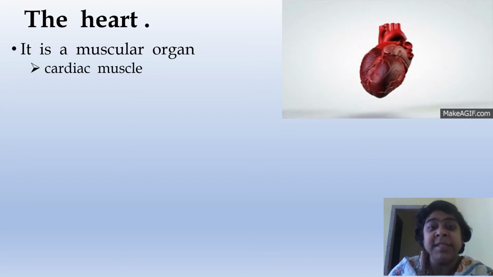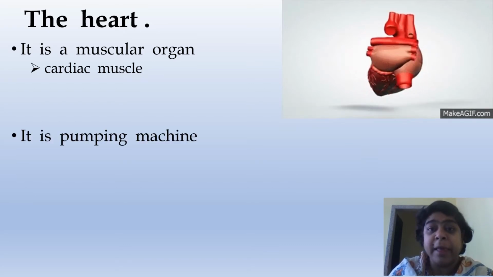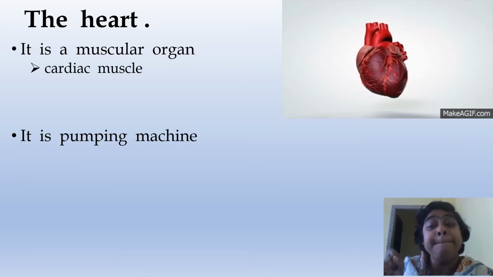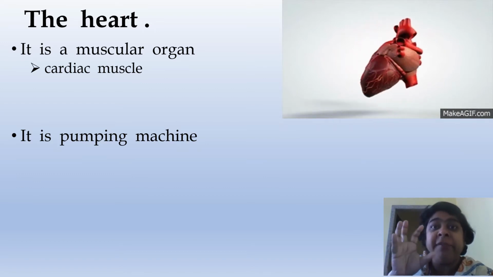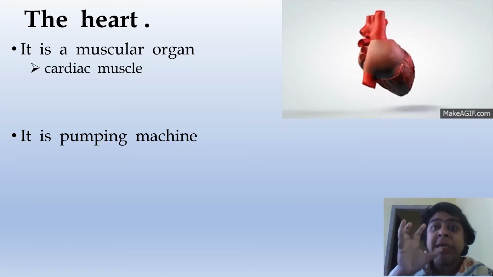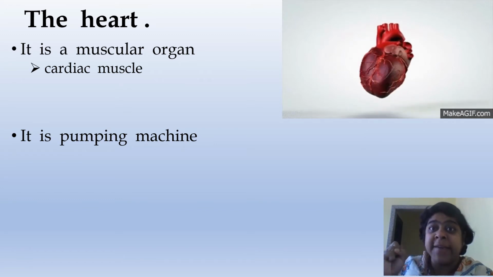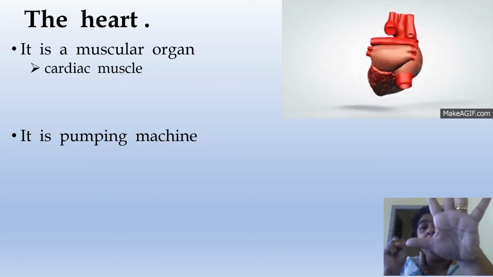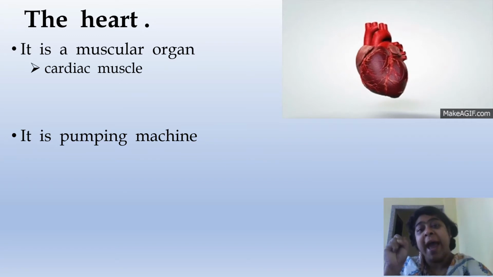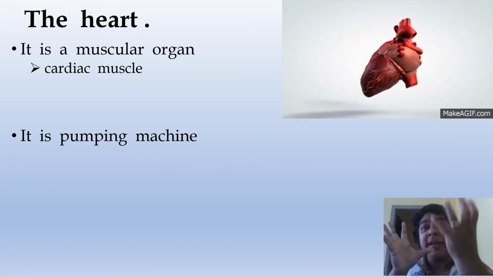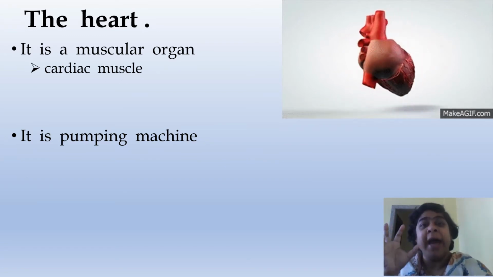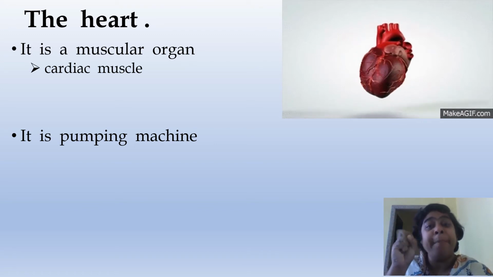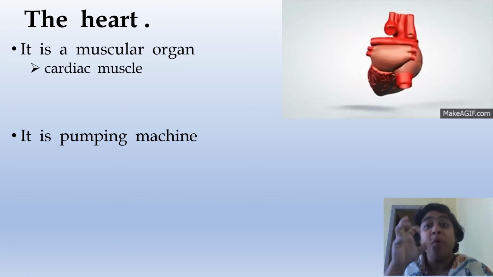Yes, can you see? This is the heart muscle. It is a pumping machine. Now why is it said to be pumping? Because when it contracts, that is the time when it is pushing the blood out, and it relaxes when it is collecting all the blood again. So it keeps on pumping, it keeps on moving.